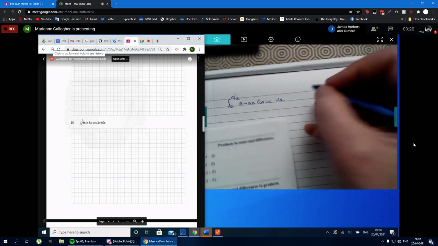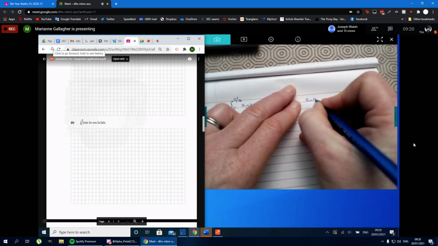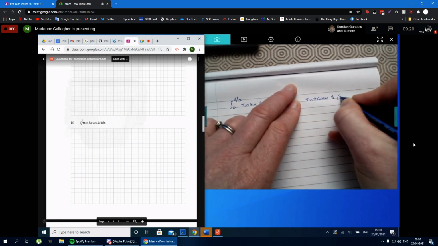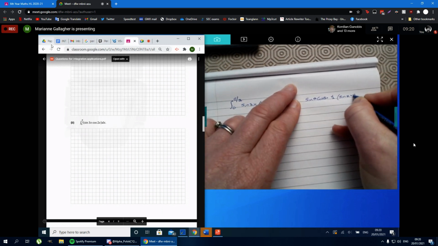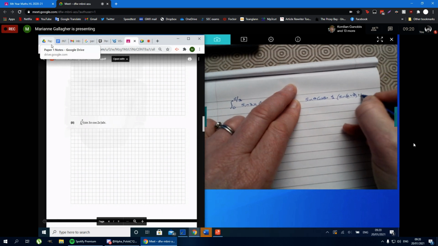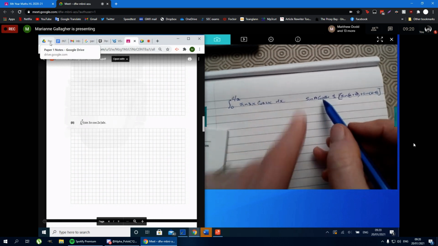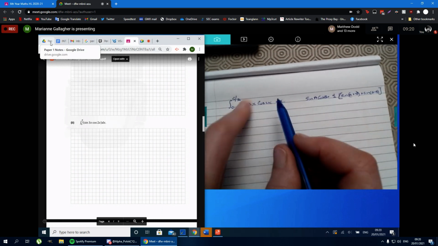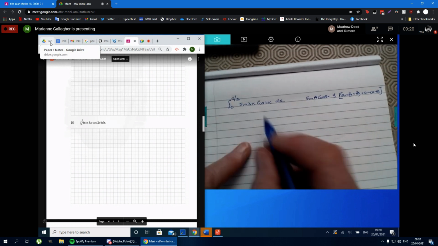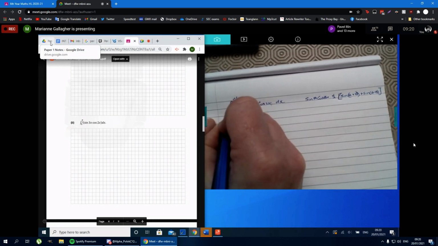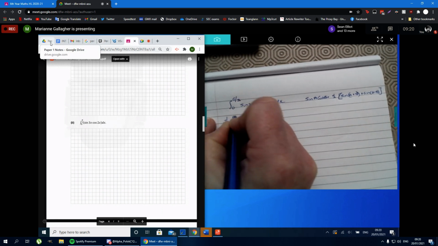Sine A cos B is equal to a half of sine(A plus B) plus sine(A minus B). And if you remember, you always want A to be bigger than B, which it is. If it wasn't, you just change the order. So A is 3x and B is 2x. So that's going to be, and I can just write the half outside.